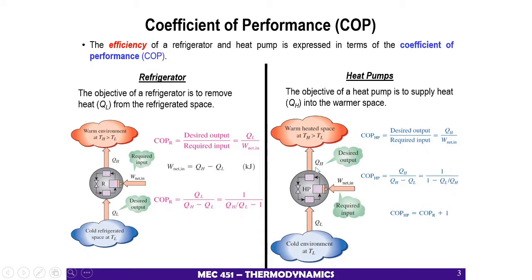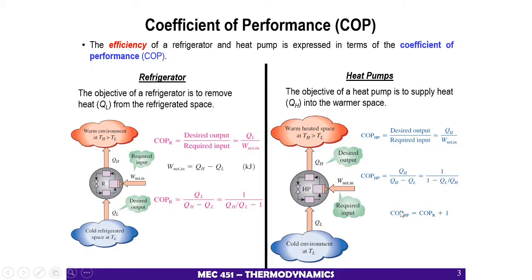So Q hot is your required output, whereby your input is your net work. So the output we take at the top divided by net work. So the COP will be something like this, or COP for a heat pump is equal to COP of a refrigerator plus 1.